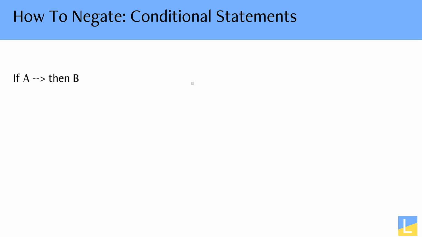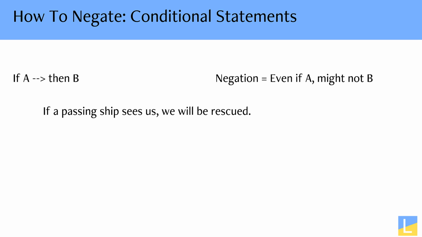And that's the first way that you can think of negating a conditional statement. If the initial statement is A implies that B is true, or A guarantees that B is true, the negation of that is, even if you have A, you might not have B. Let's apply that to an example here. If a passing ship sees us, we will be rescued.